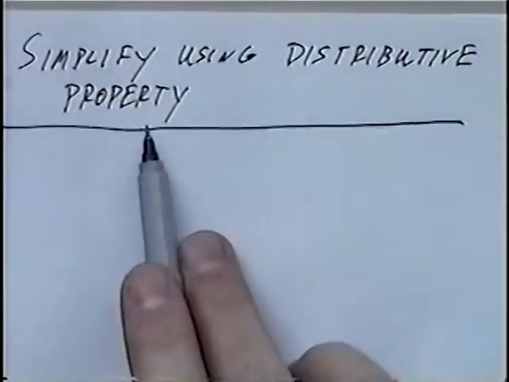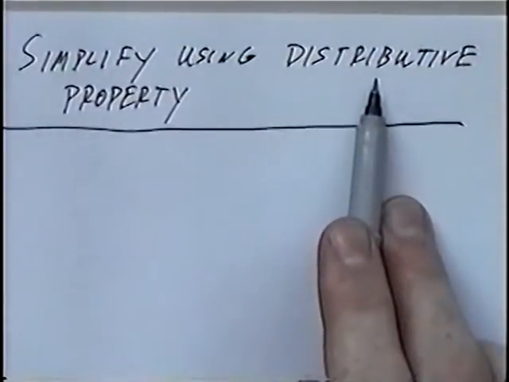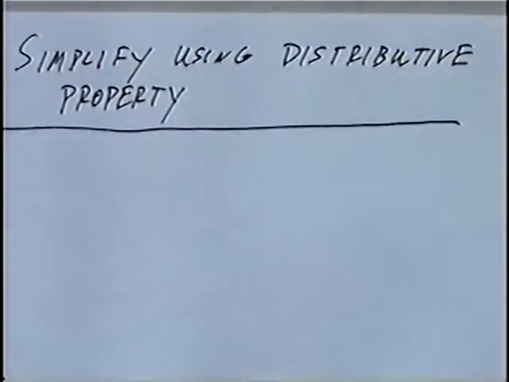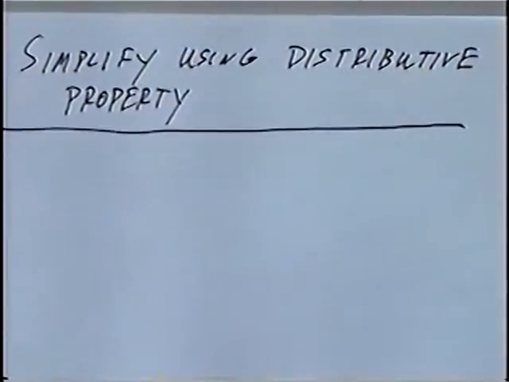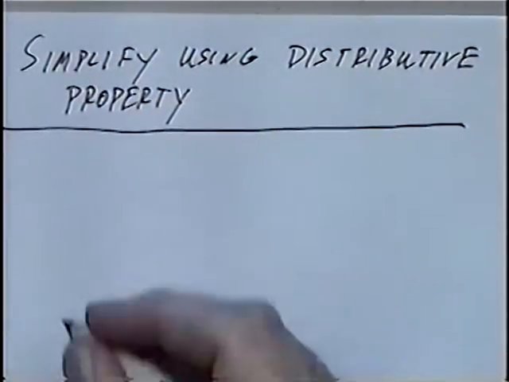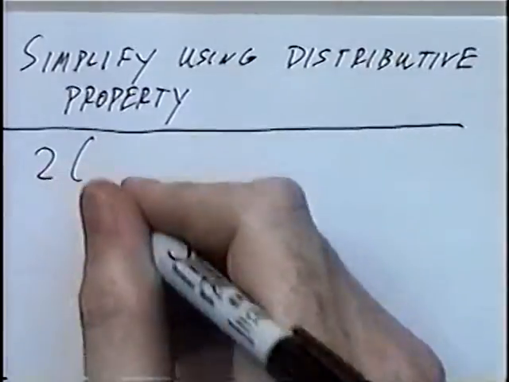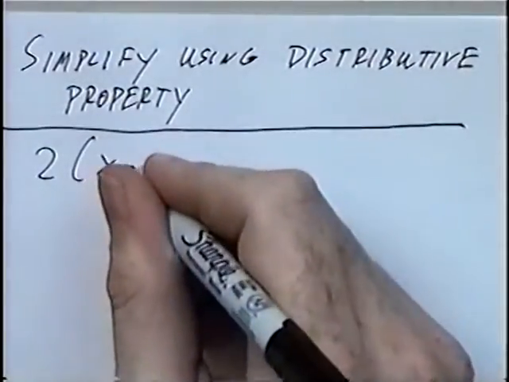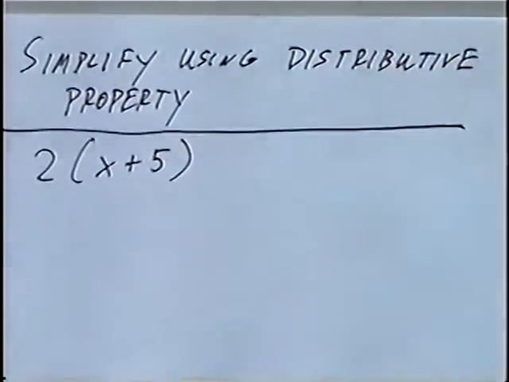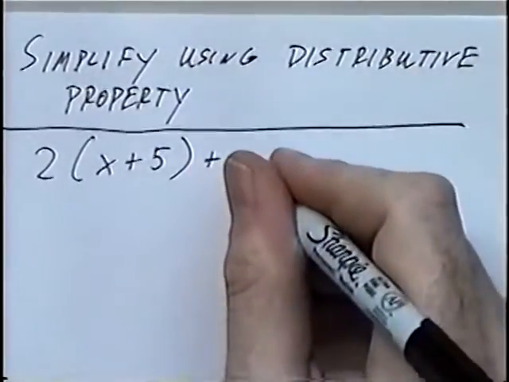The distributive property is where we will distribute or multiply inside parentheses. The first problem is 2, and inside parentheses x plus 5, outside parentheses plus 3.